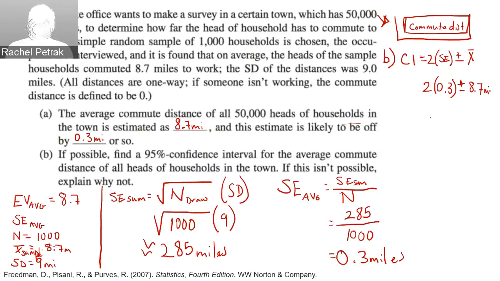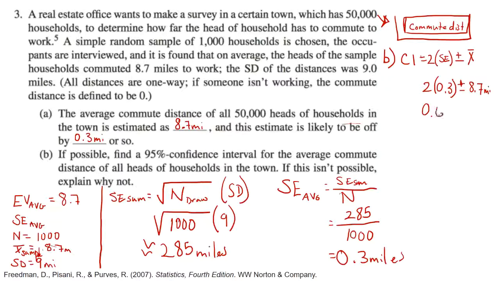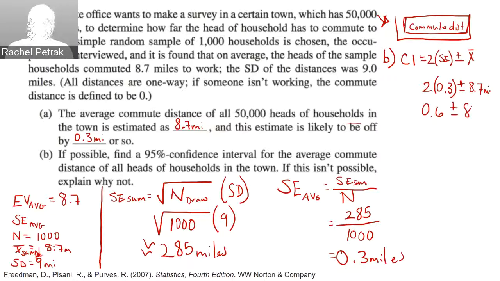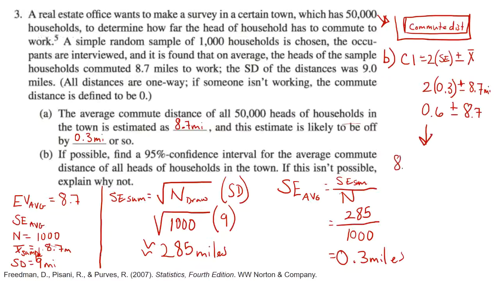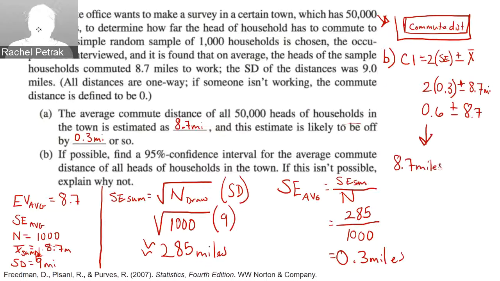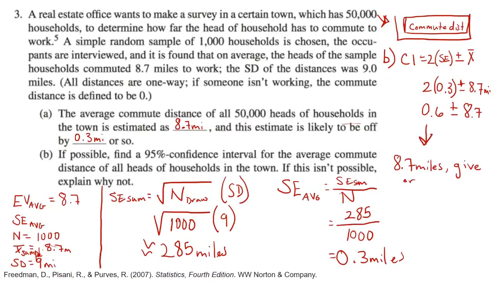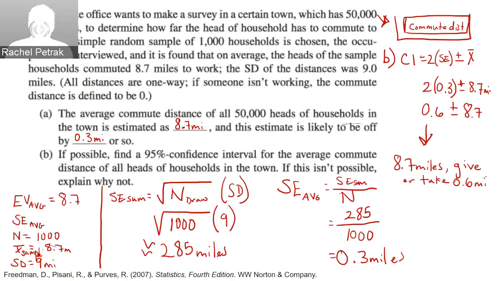So this interval is 0.6 plus or minus 8.7. We normally see it written as 8.7 miles plus or minus 0.6 miles, or give or take 0.6 miles.